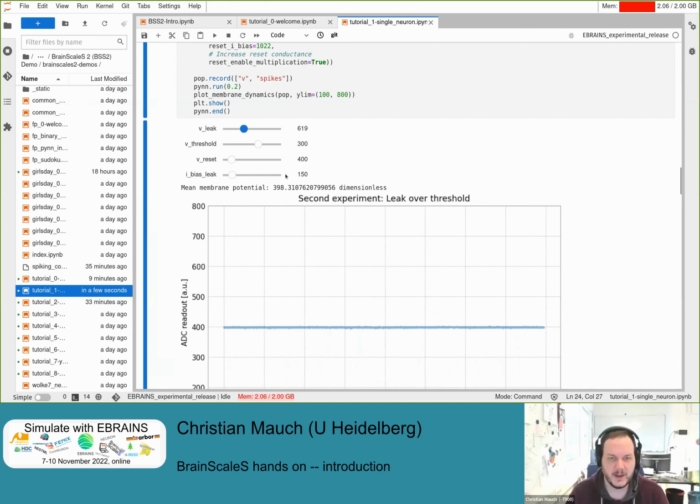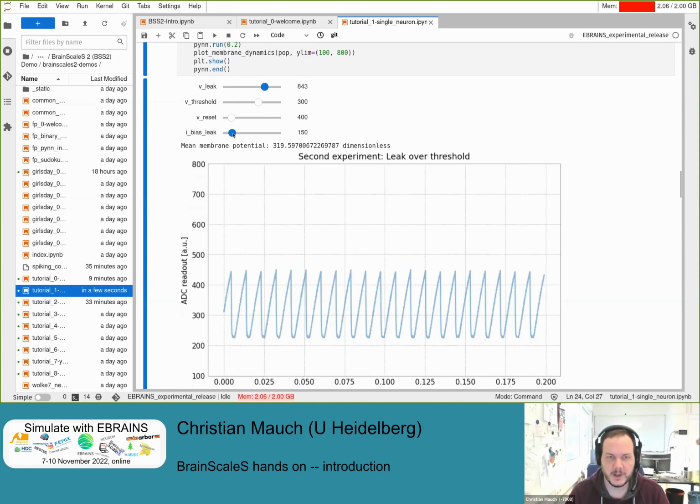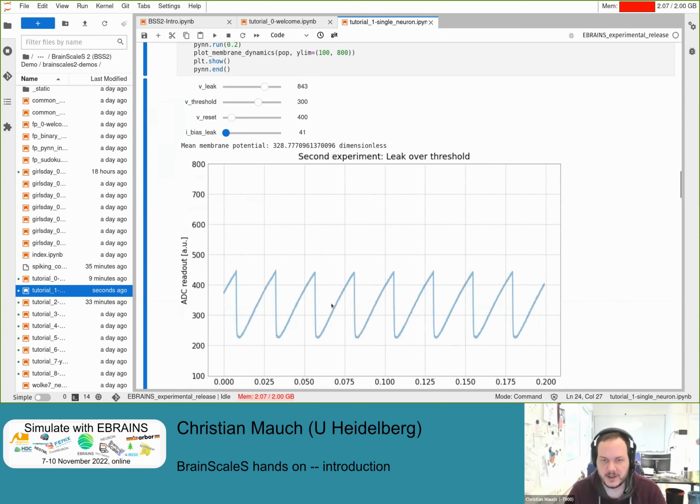So again, if you put it to leak over threshold and adjust the leak bias, you can see that this changes the time constants of the neuron. And if you just slightly adjust it and rerun it, it's maybe not that clear, but what you can see is that the moment in time of the spikes is different in all runs.